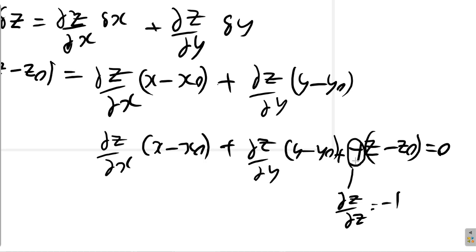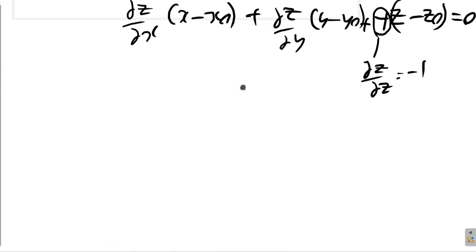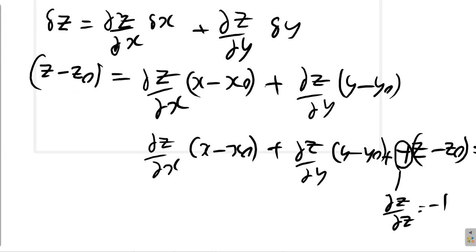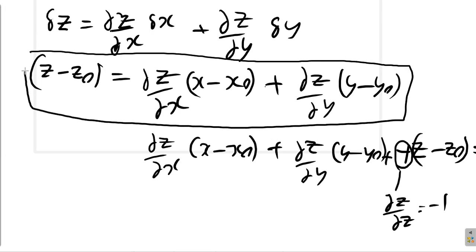But in this case, you have delta of the function by delta z, it happens to be negative 1, which occurs right here. We're going to use that fact later on. Now, this is the form that the tangent plane equation will take. Let's find the tangent plane here, and then in another video we'll find the normal line.